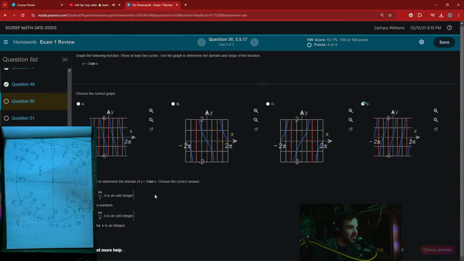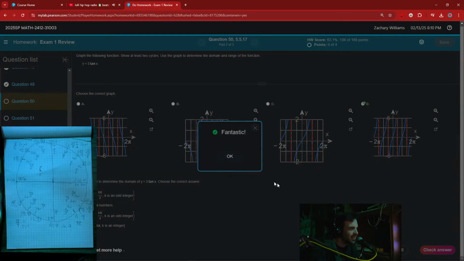Use the graph to determine the domain. It's pi over 2 is the asymptotes. Is it? It is. It's got it, right. Nice. So I think these other two answers are, like, let's say if they put tan 2x, it would be this one.